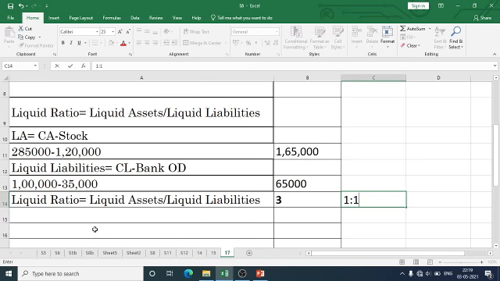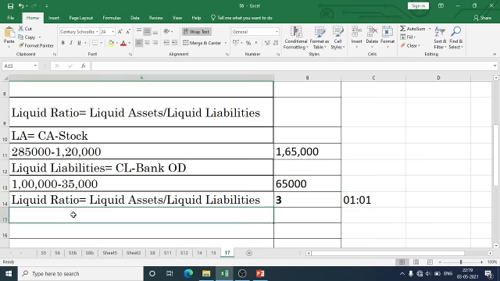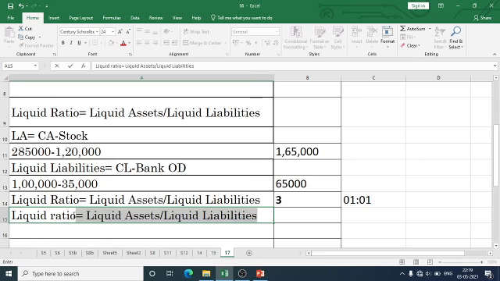And similarly, liquid ratio can be calculated in one more way. Liquid ratio is equal to, instead of liquid liability, there is an alternative, we can take current liability also.